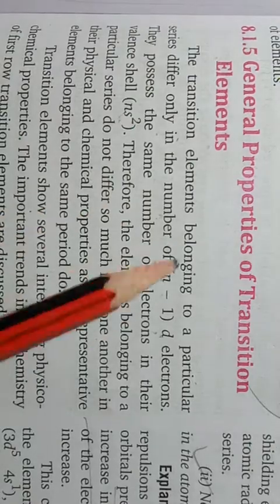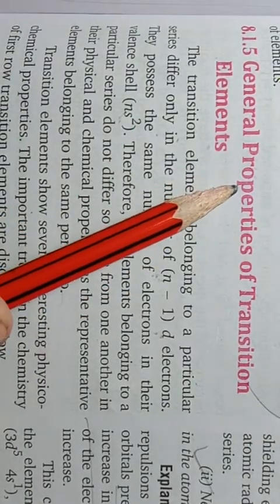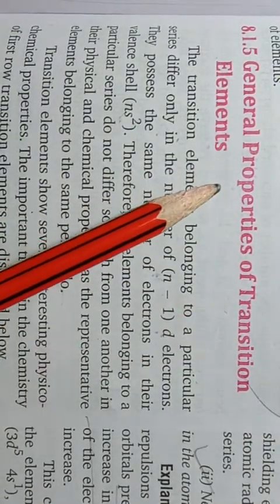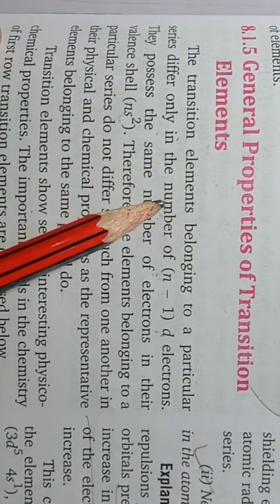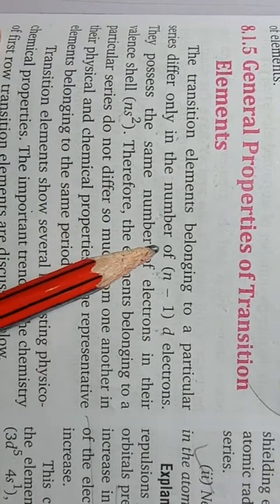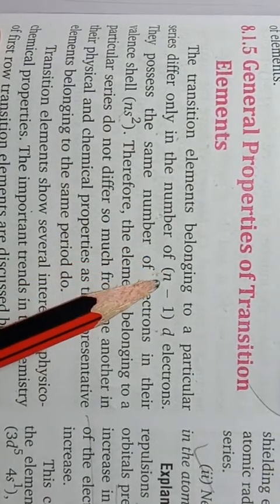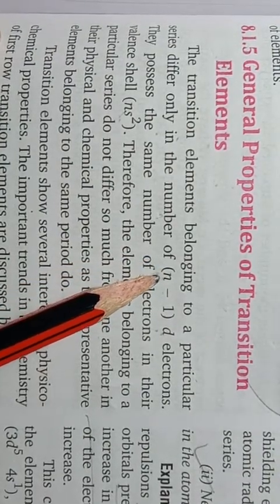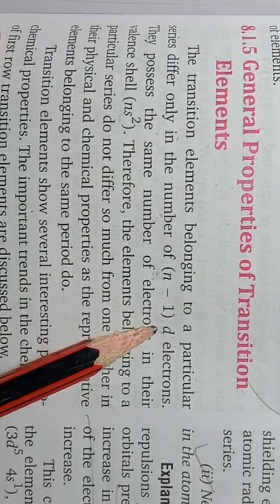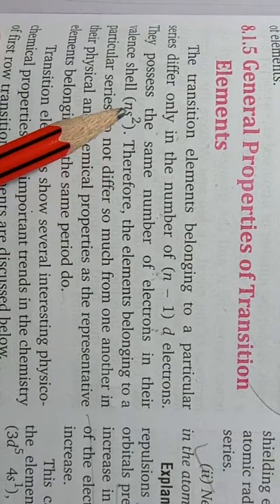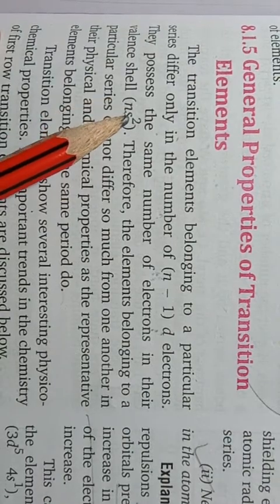Hello children, in this lecture we will discuss general properties of transition elements. All the transition elements of a particular series have different numbers of electrons in the n-1 d shell but similar electrons in the ns shell.